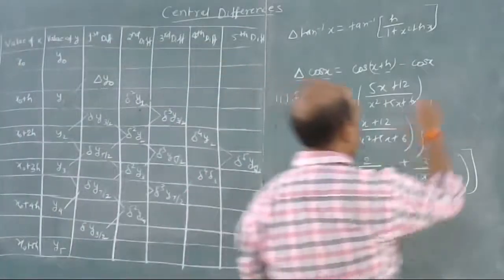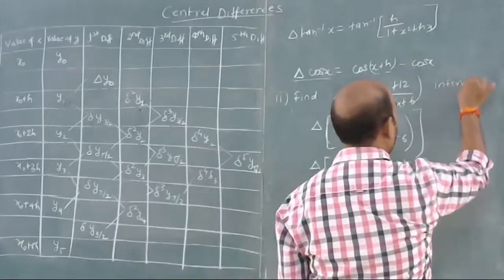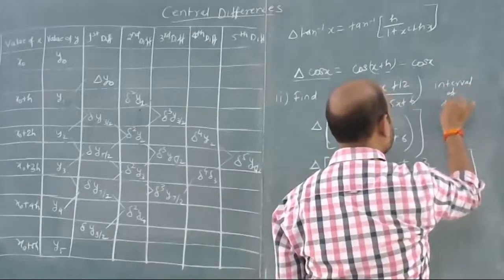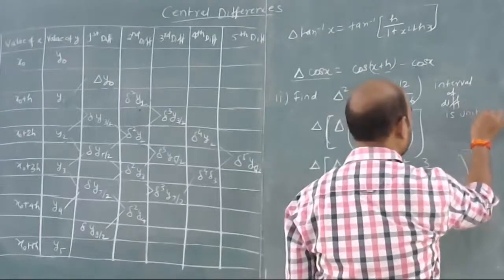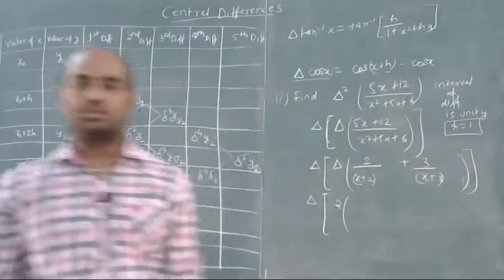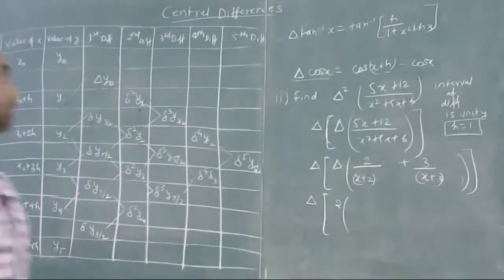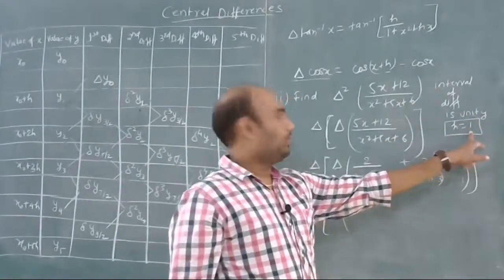Okay. So in the question it is given that the interval of difference is unity, that means h is equal to 1.